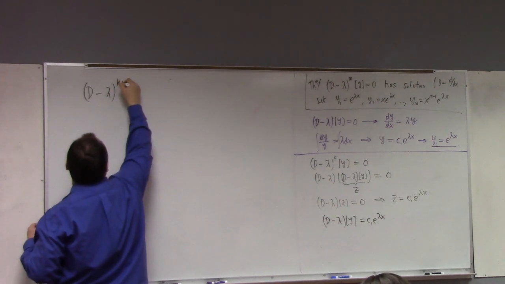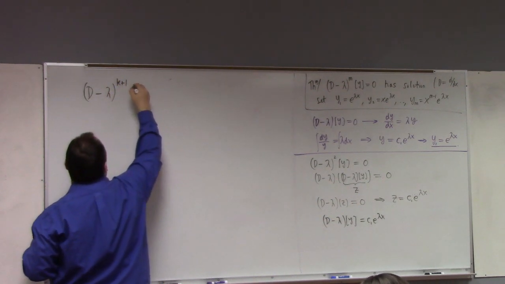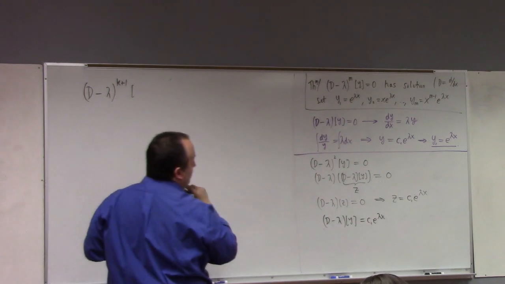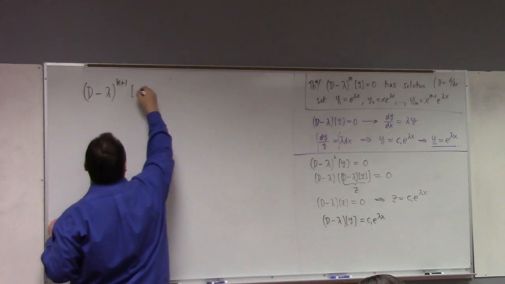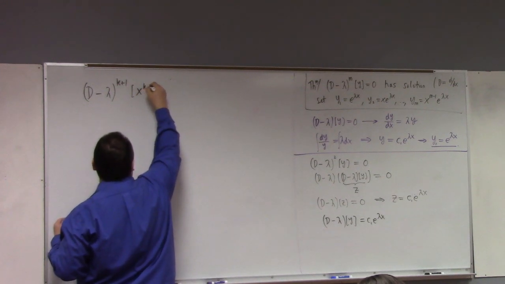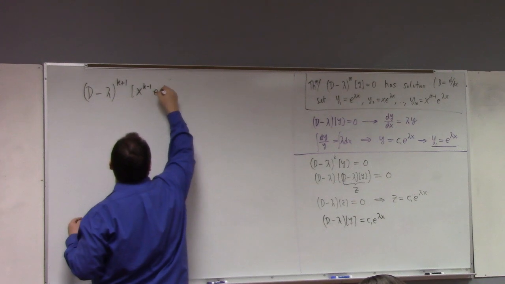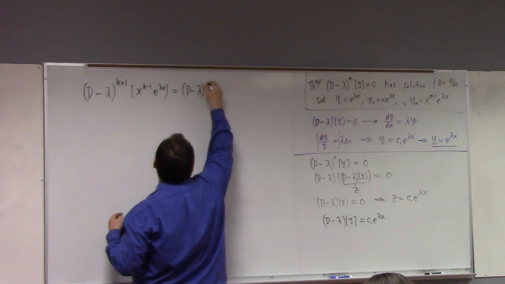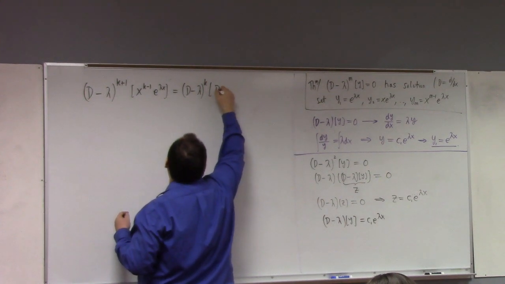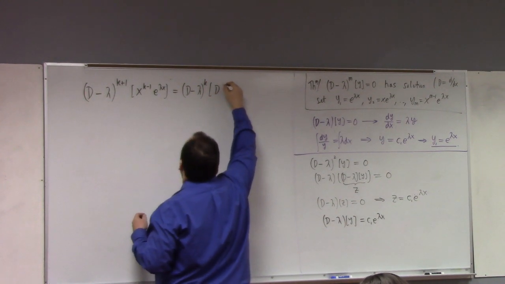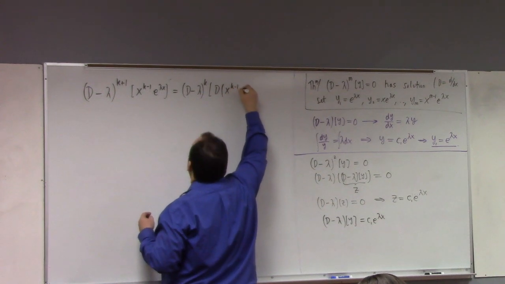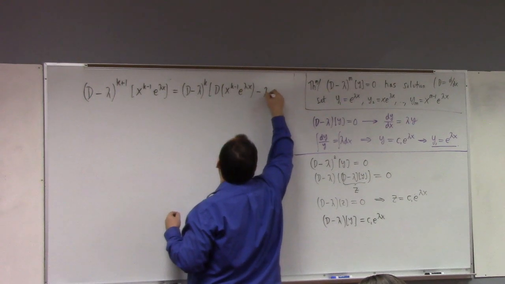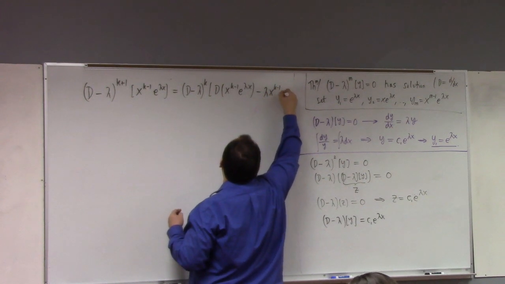Well, let's say the k plus 1th power of d minus lambda, and we're going to act on the interesting part, which is the highest order one, x to the k minus 1 e to lambda x. So that's d minus lambda to the power k acting on the differentiation operator acting on x to the k minus 1 e to lambda x, minus lambda x to the k minus 1 e to lambda x.